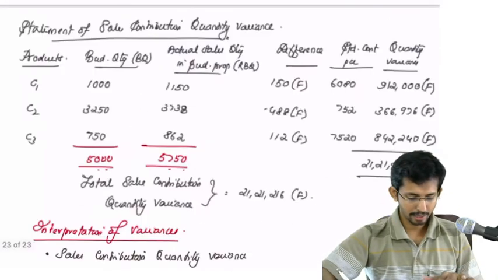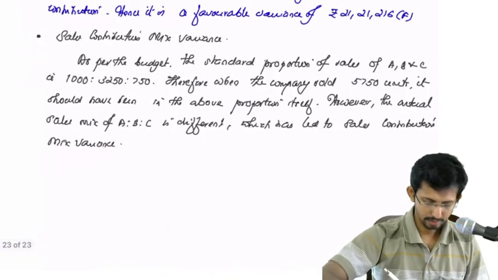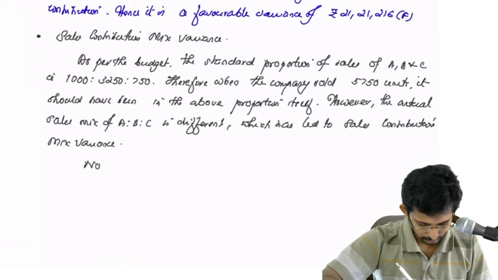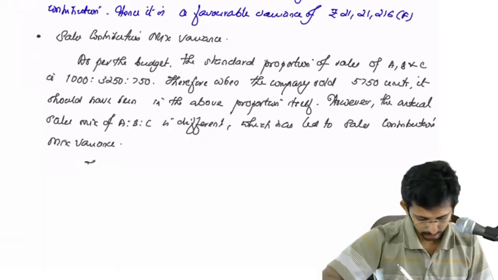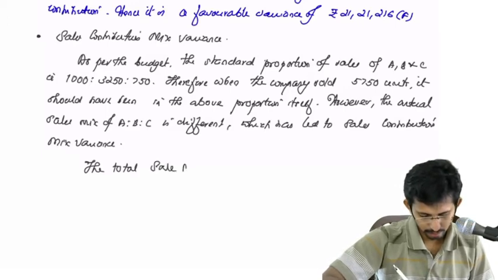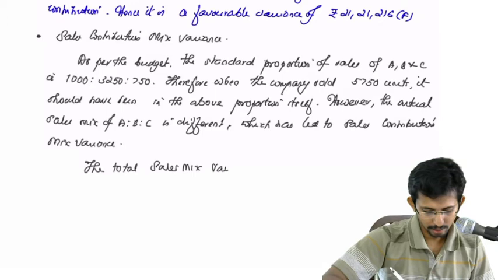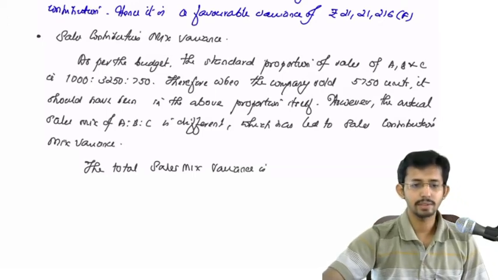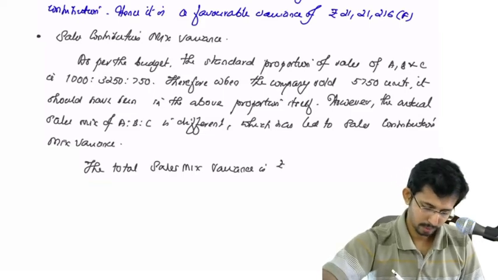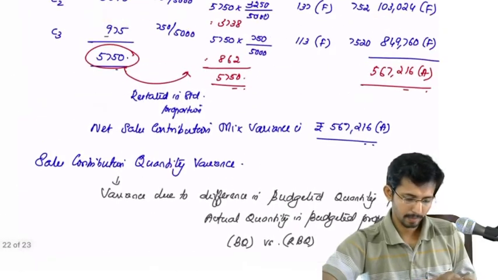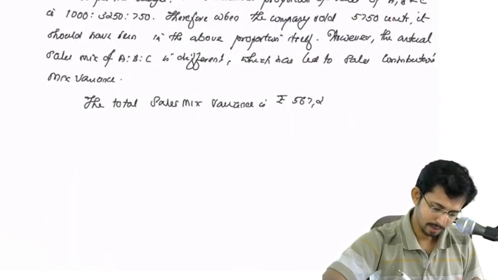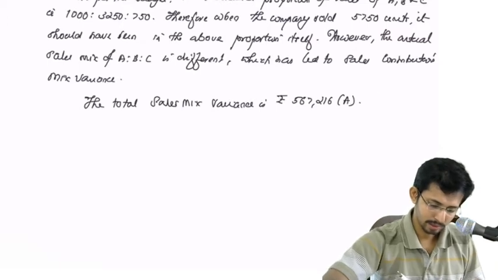Okay, so you can write, this led to sales contribution mix variance. Now you can write the total sales mix variance is how much? Rupees 5,67,216 adverse.